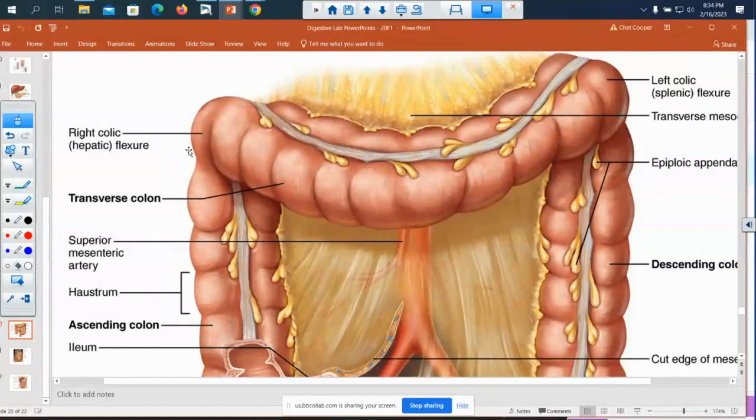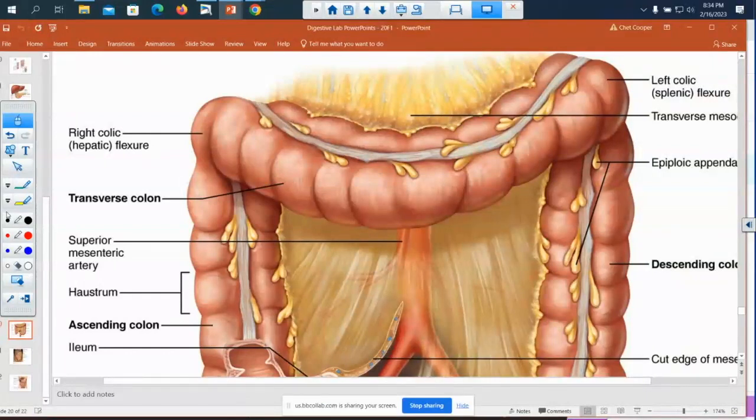This has 2 names. It is called the right colic flexure or it is called the hepatic flexure. But it's not called right colic hepatic flexure. Sometimes people don't listen to a lecture, they read a picture, which, hey, if you run out of time and that's what you're doing, that's what you got to do. But then they memorize right colic hepatic flexure, and they think that that's the name.